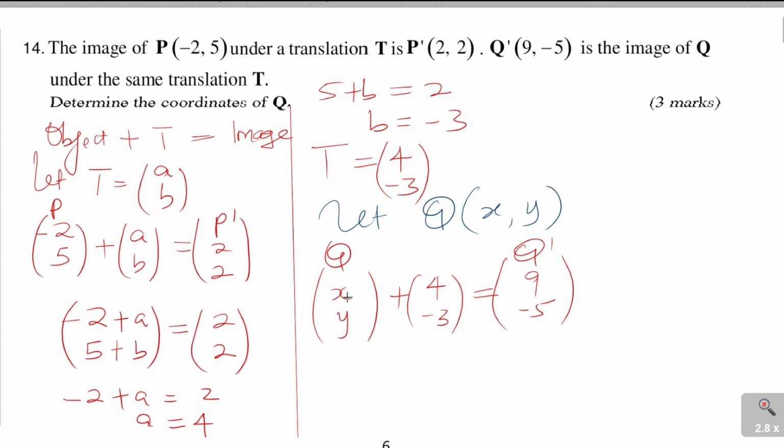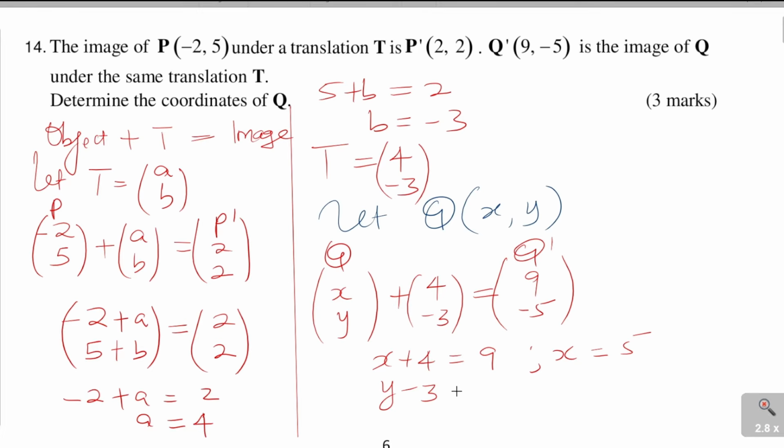So we add the corresponding elements. In the first row, x plus 4 is equal to 9, so x is equal to 5. In the second row, y plus -3, that is y subtract 3, is equal to -5.